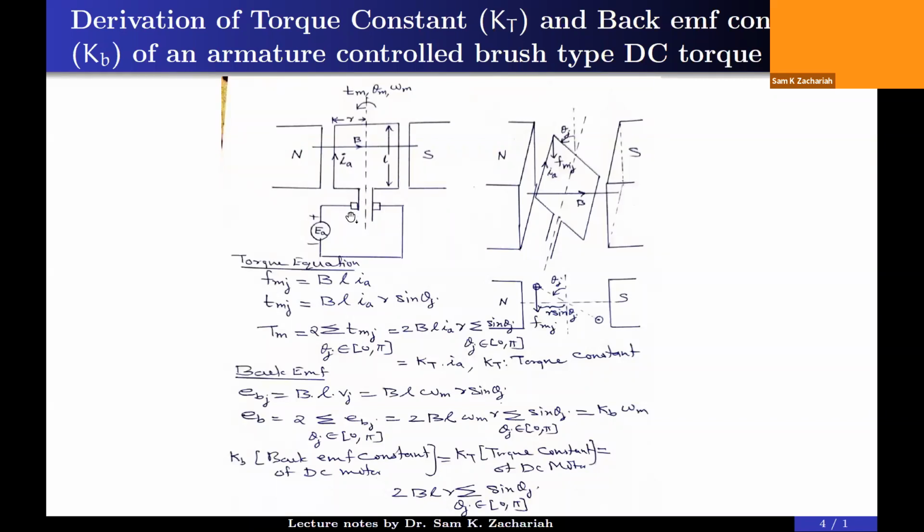There is another concept called the brushless motor. In such a case, the coil will not be rotating; the coil will be stationary, whereas the magnet alone will be rotating. So the magnets are placed on the surface of the rotor and the coil is stationary.